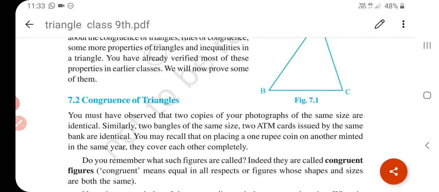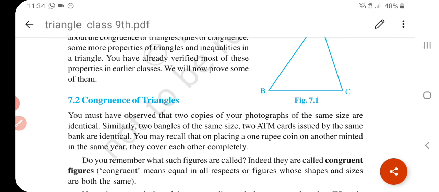To check for congruency, take a trace copy of one of the two figures and place it over the other figure. The two figures will be congruent if the trace copy lies exactly over the other figure. How to find the congruency of two figures?